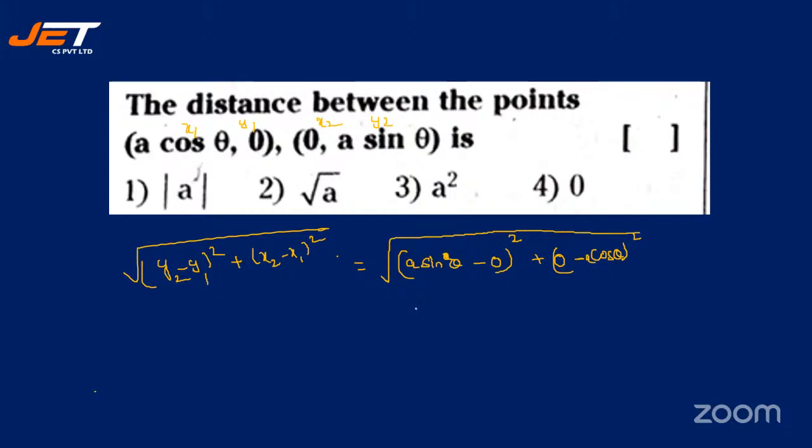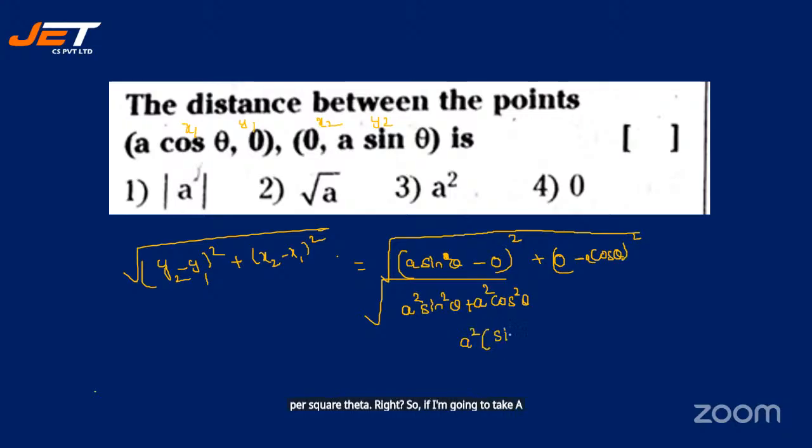All right. So what happens here? We have a square sine square theta plus a square cos square theta. If I take a square outside, I will get sine square theta plus cos square theta, which is 1. So I will have root of a square.